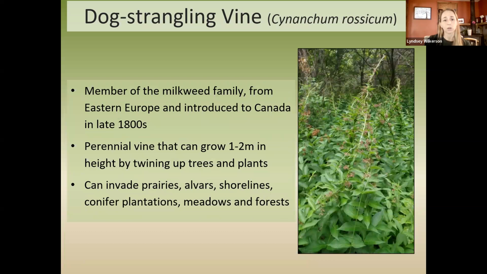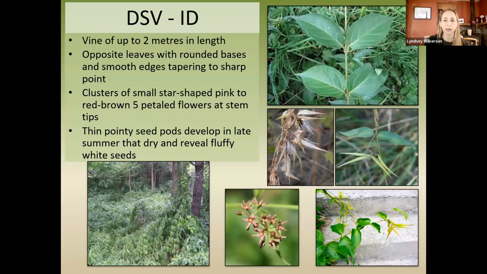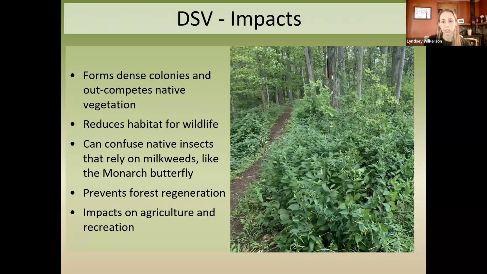So next up, we've got our dog strangling vine, and it is in the milkweed family, which is going to be really important, but it is invasive. So for the dog strangling vine, you'll notice here that the seed pods actually look a lot like our native milkweed plants. And that's actually really detrimental to our monarch butterfly, which is what we're going to discuss in the impacts here.